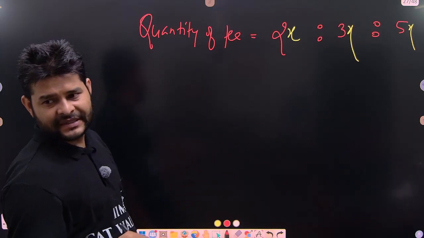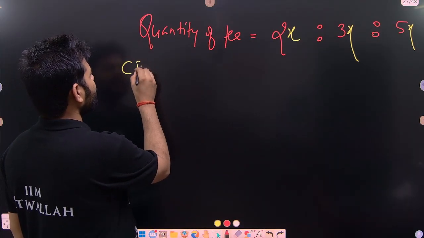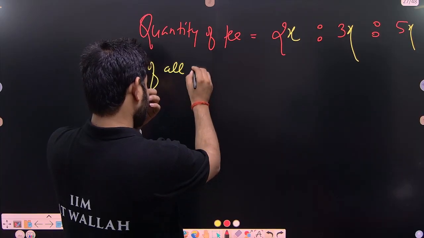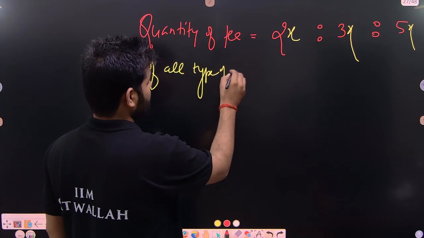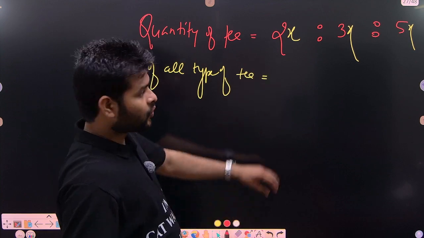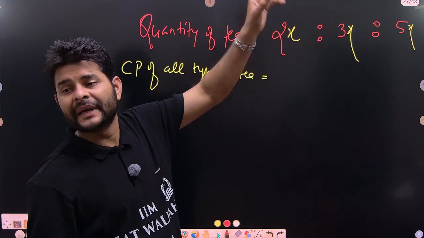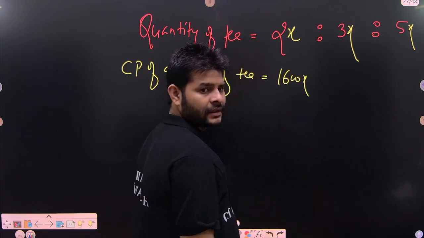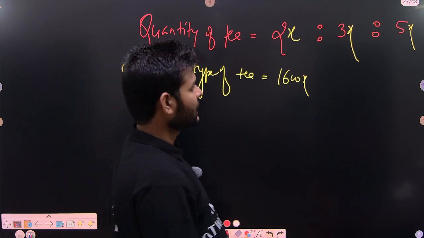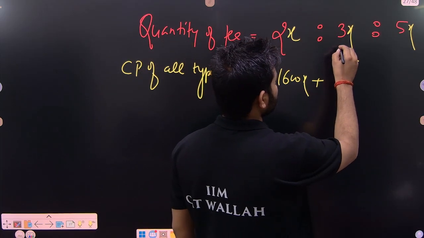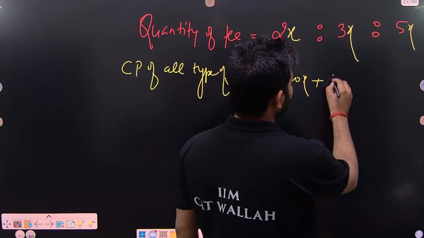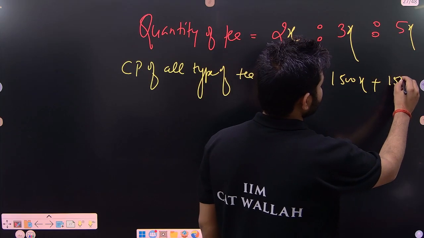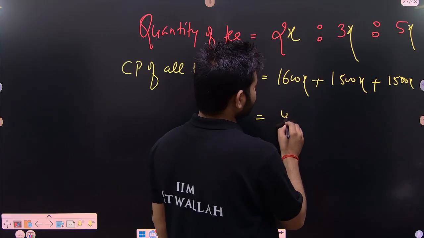How much money did he invest? So CP of all types of tea. Good quality tea is 800 rupees per kg, so that means he invested 1600x. Medium is 500 per kg, so 1500x, plus 1500x for the inferior.